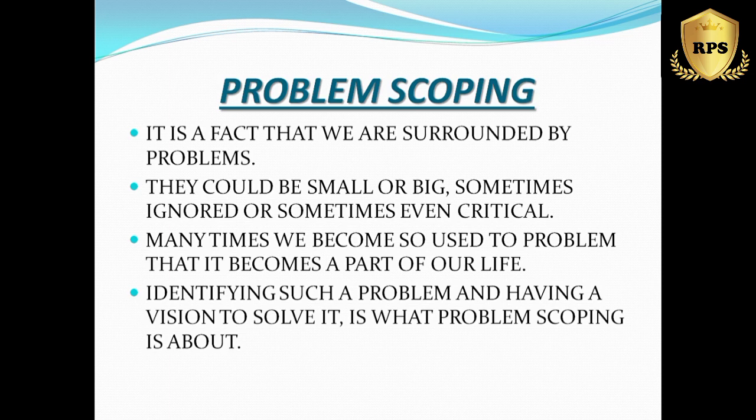Many times we become so used to a problem that it becomes a part of our life. Identifying such a problem and having a vision to solve it is what problem scoping is about. Everyone faces problems, but what was that problem and how can we solve it? When we think about these two points, we can say that we are doing problem scoping.